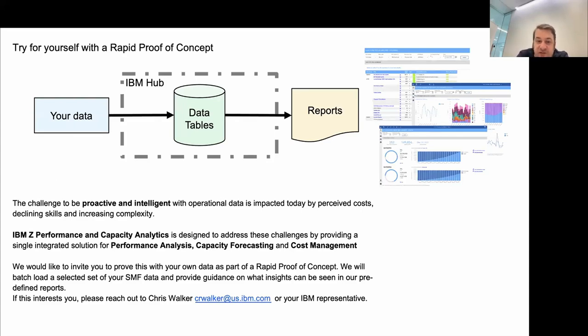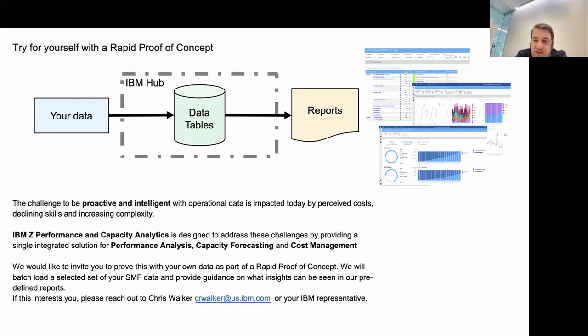Finally, if you are not an IZPCA customer and would like to give it a try, we can offer you a rapid proof of concept approach. We would discuss a particular scenario that you would be interested in. You would provide us with some SMF data that we would load into an environment within IBM, and we would generate the reports.